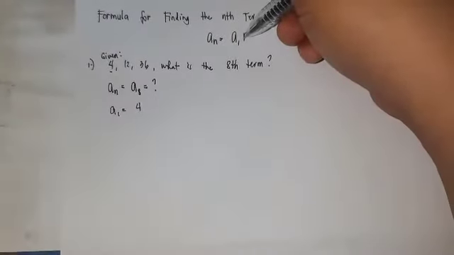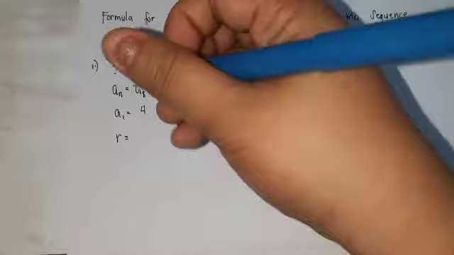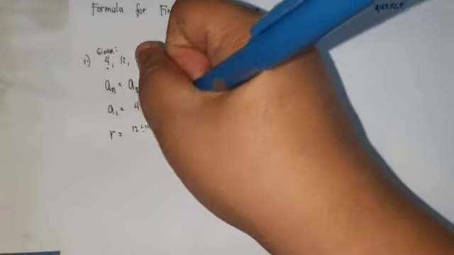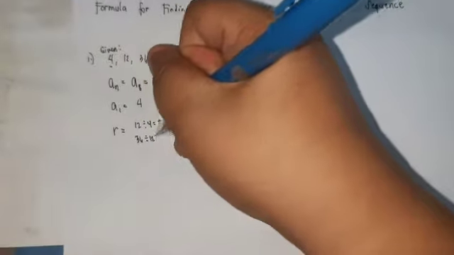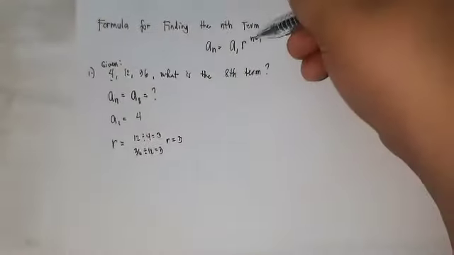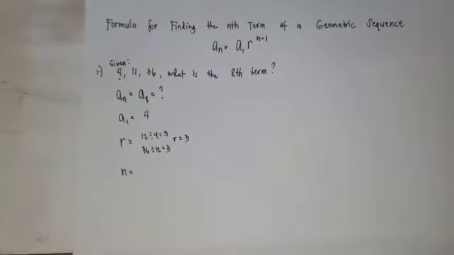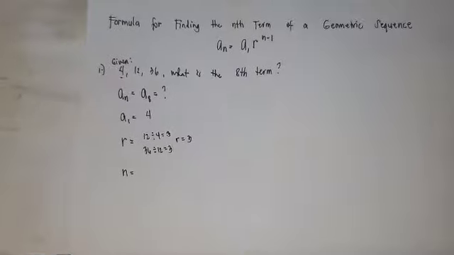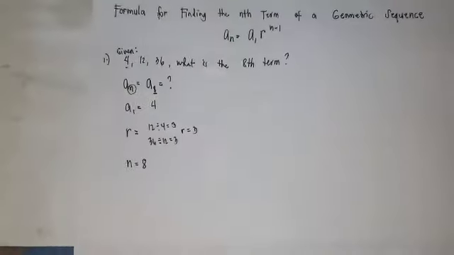And you're going to need your ratio. How do we get the ratio? You divide 12 by 4, that gives you 3. 36 divided by 12, still 3. Therefore, your r is equal to 3. And your n, which is the position of the term being asked for, is 8.